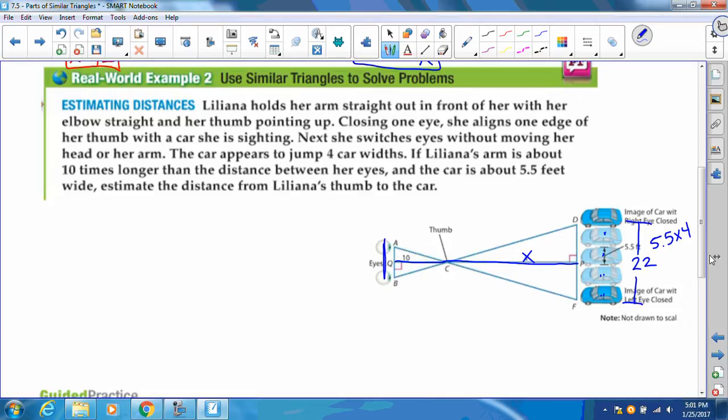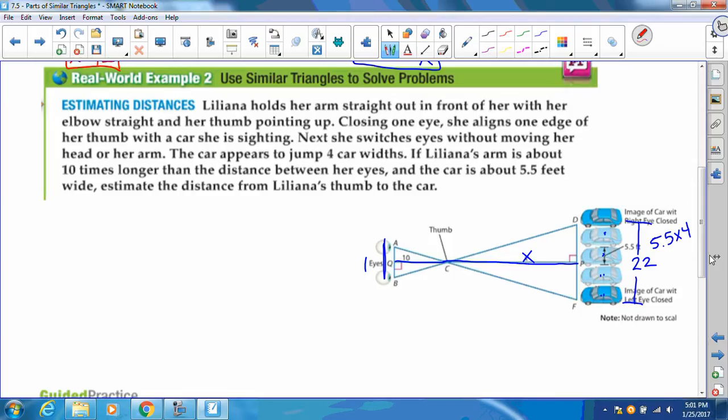This is 10 times longer than the distance between her eyes. So if they're saying that this is 10, then we can let the distance between her eyes be 1. And again, you could just make that number up. If it's 10 times longer, let it be 10, and then the other one can always be 1. And then the assumption is that it's going to be perpendicular. Her arm straight out with her thumb, that's going to be a perpendicular line. So we can assume that those are altitudes.